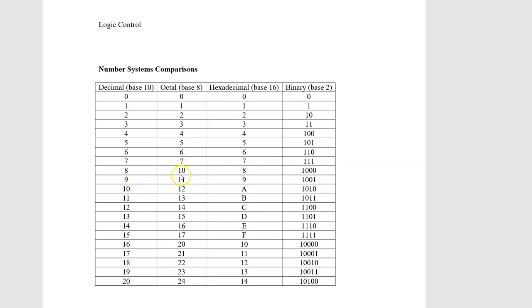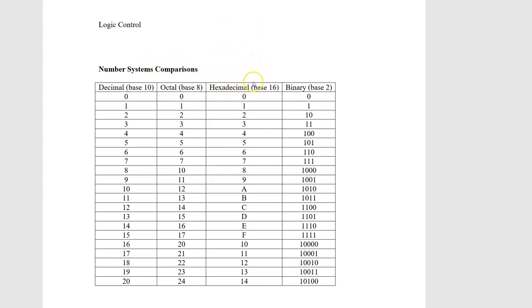We go 10, 11, 12, all the way up to 17, then we change this to a 2 and start the process over again. So when you go back and look at the document for the input-output image table, you can understand the numbering system a little bit better. We'll go into detail on octal in another video.